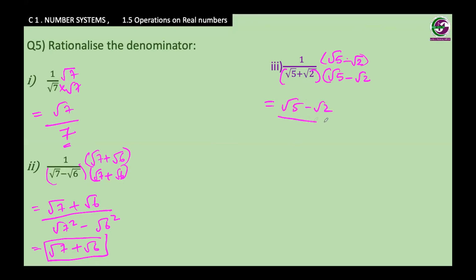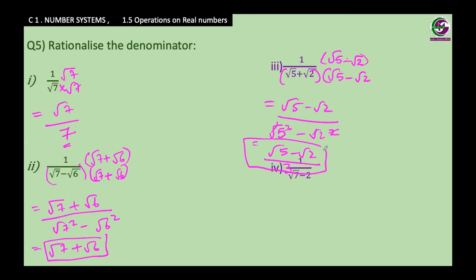And denominator is a plus b times a minus b, which is root 5 square minus root 2 square, so these two get cancelled. Also this gets cancelled. So we have root 5 minus root 2 divided by 5 minus 2. What is 5 minus 2? 3. That is your answer.